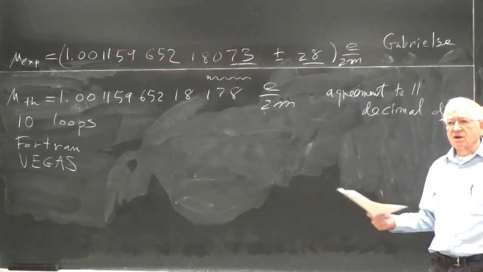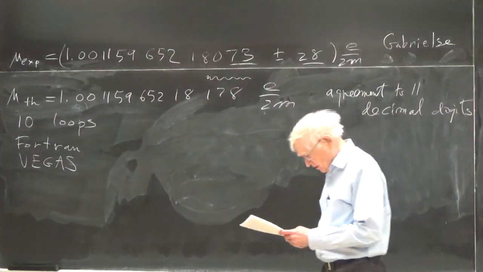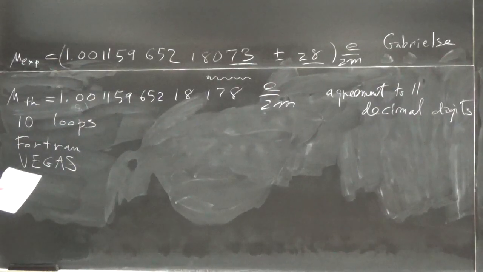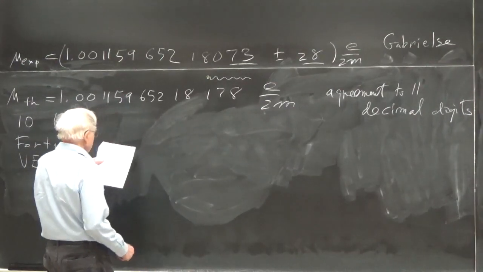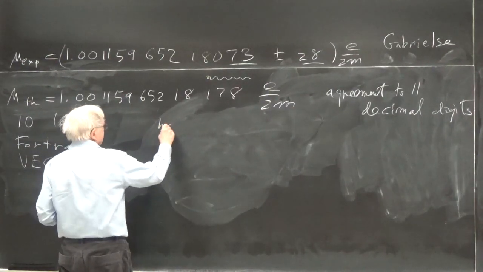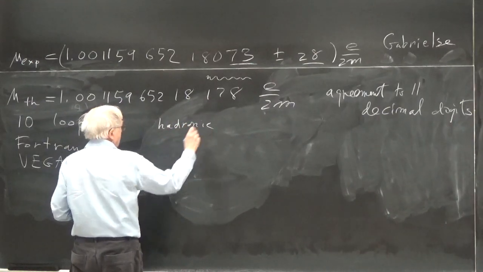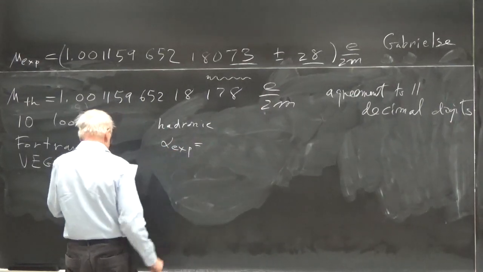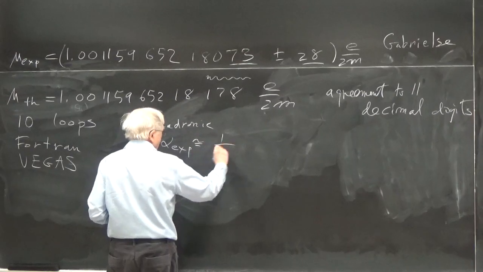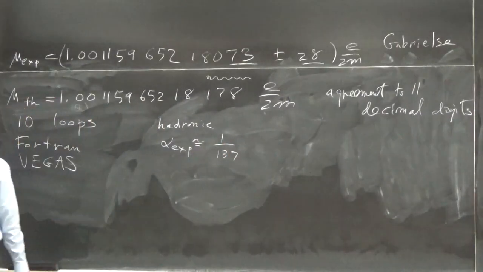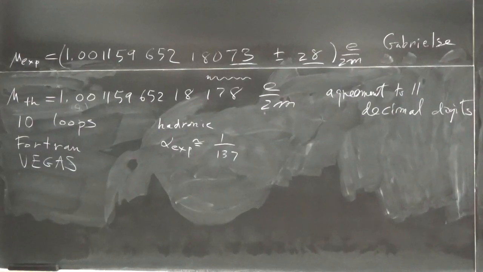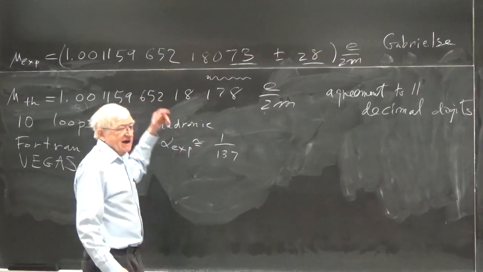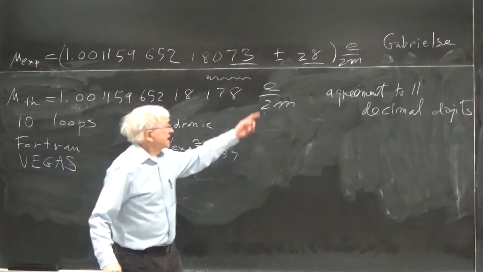You just Monte Carlo them. In this theoretical computation, most of the uncertainty is due to hadronic effects and to uncertainty in the experimental alpha, which is roughly 1 over 137. When you do this calculation, obviously you get e over 2m.